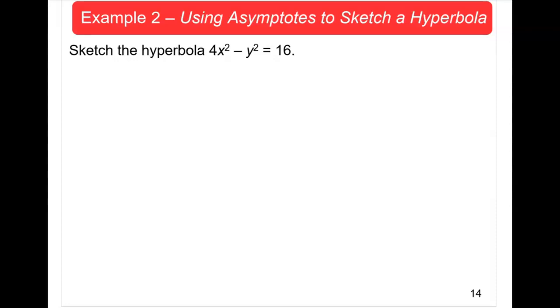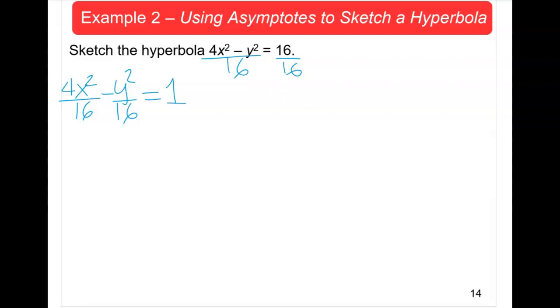Well, by dividing every single thing by 16. So of course we will have 4x squared over 16, and then minus y squared over 16 if we split the fraction. Then we will have 16 over 16, which is equal to 1.